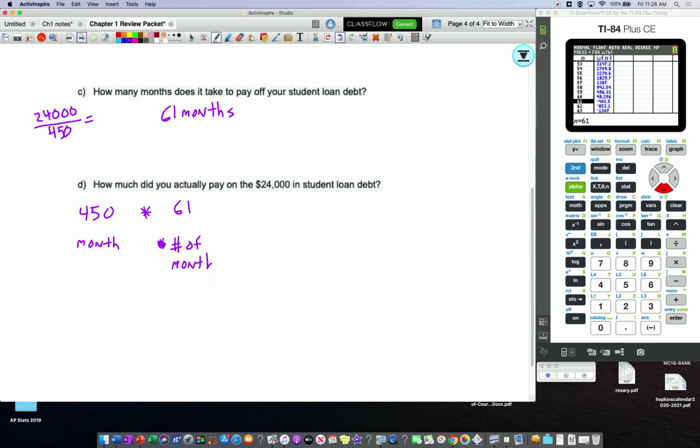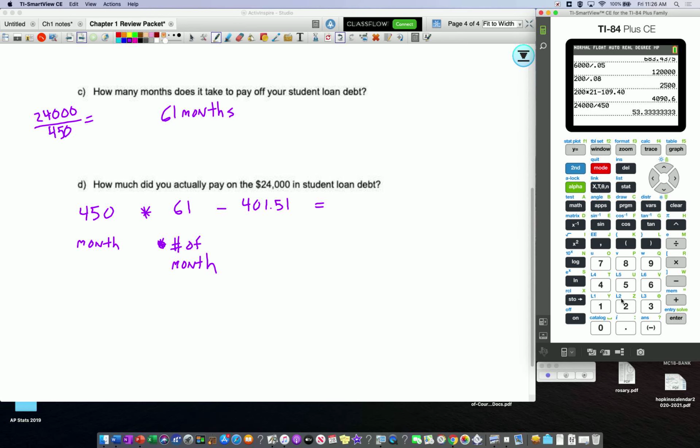But on that 61st month, if I highlight it, this is how much I overpaid by. I overpaid by $401, not 50 cents, but 51 cents. Ooh, that penny makes a difference, right? So let's calculate that out and figure out how much I actually paid on this college loan, or all my college loans.